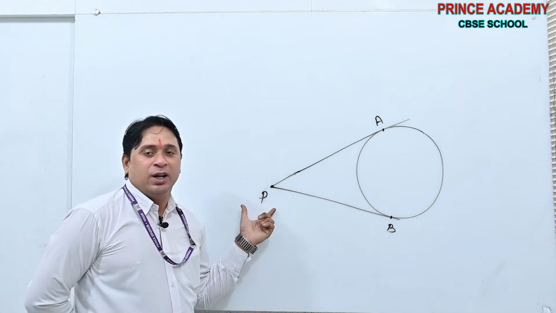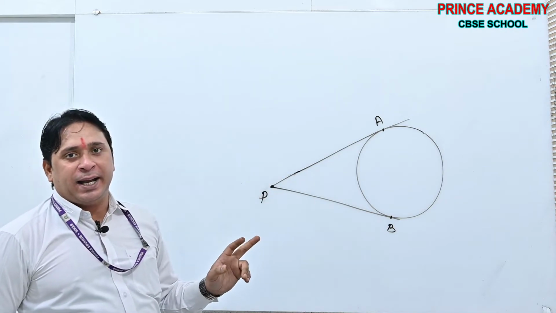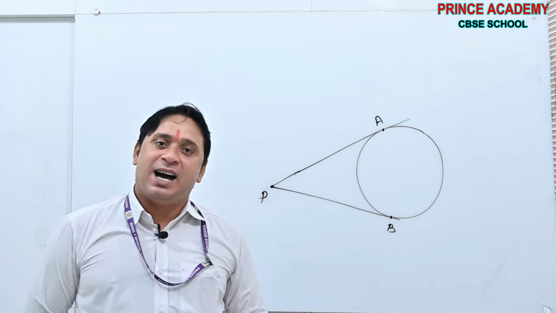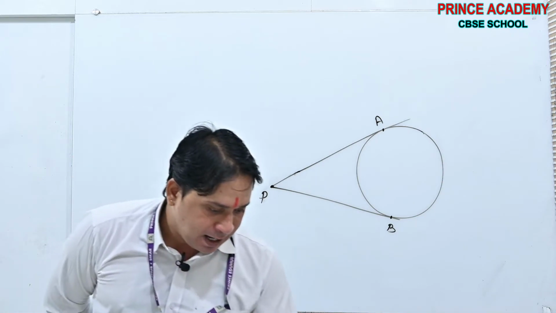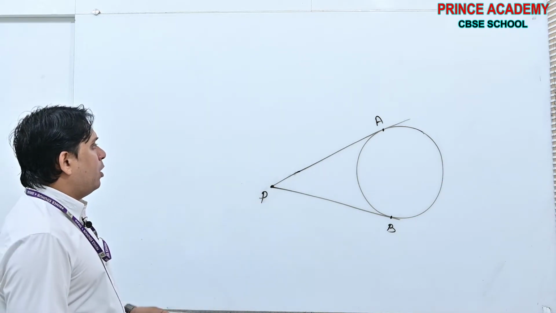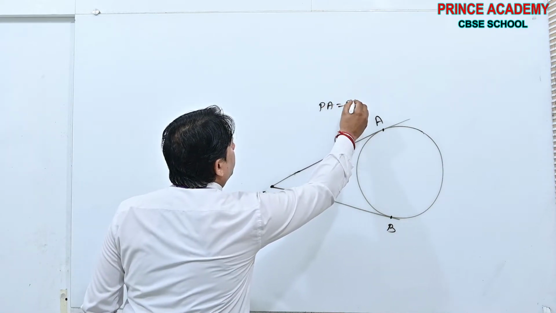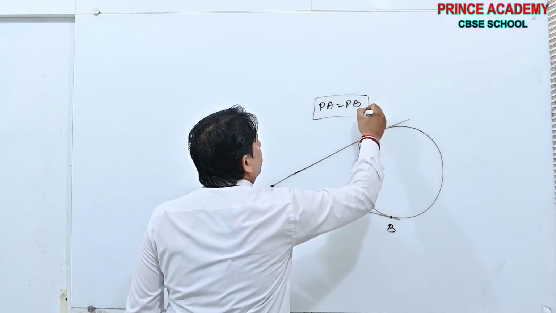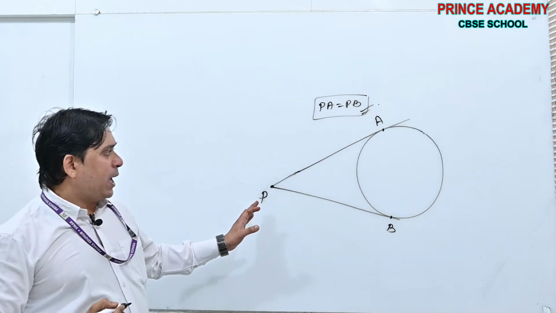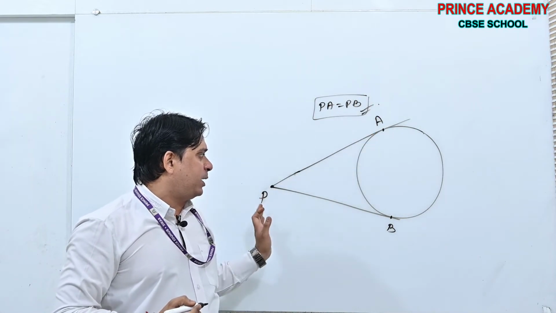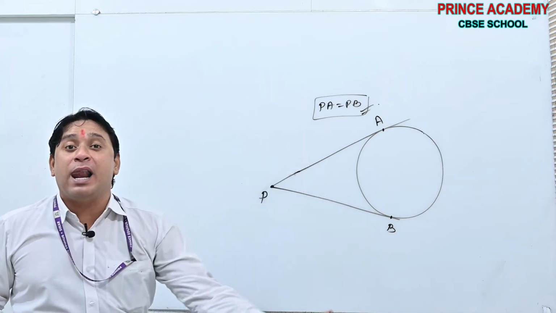Now, what we have to prove here? PA is equal to PB. Tangents from the same external point to a circle are equal.